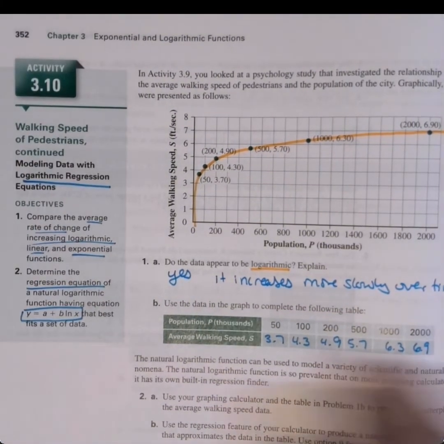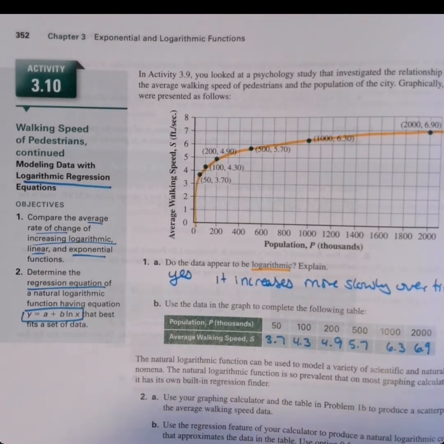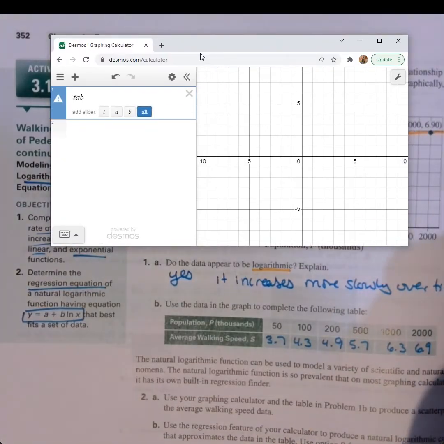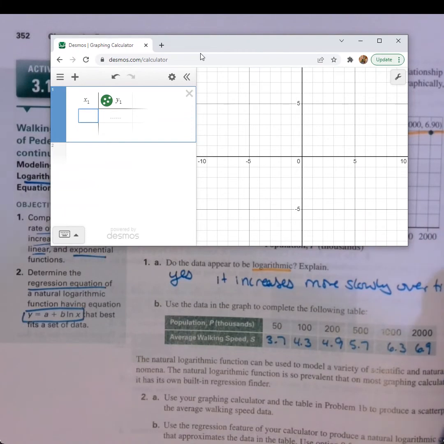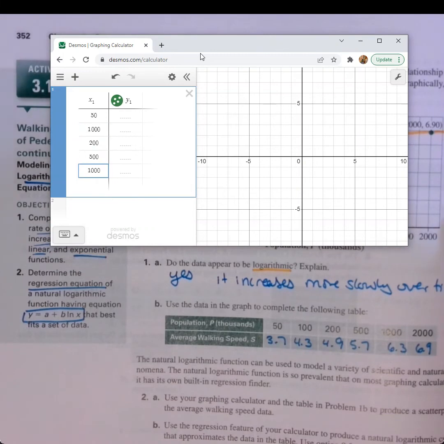Okay, so I have to go ahead and enter this data in Desmos. Let me get my Desmos window pulled over. Making a table. And we're going to start with 50, and then 100, and then 2, I didn't hit enter, goodness. 200, 500, 1,000, and 2,000.